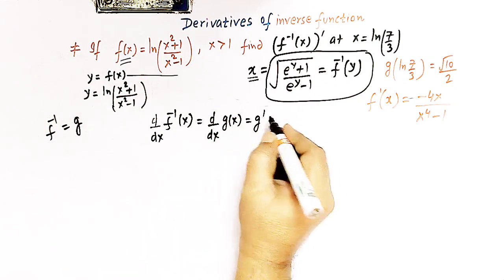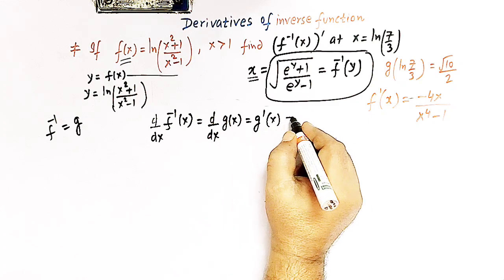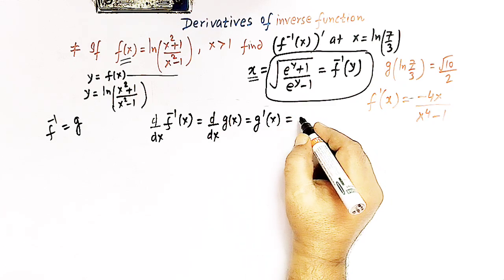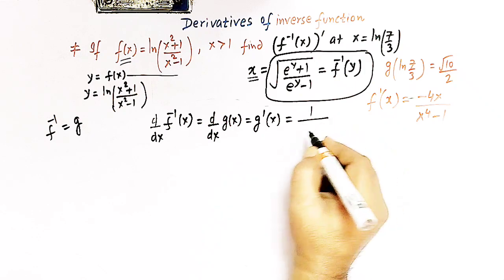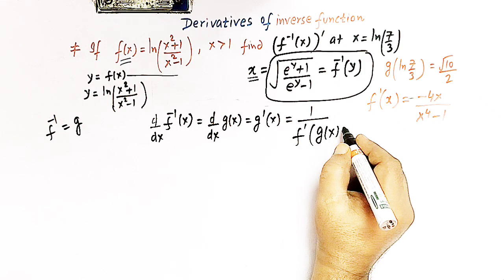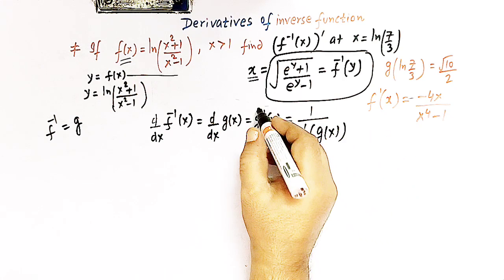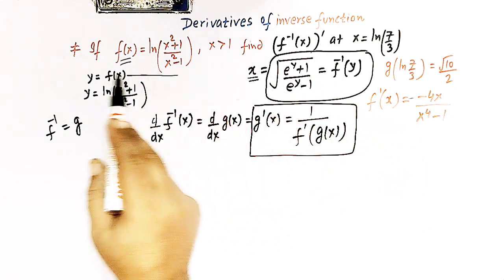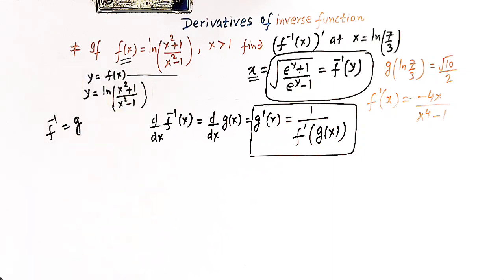So this is g prime of x, and that is the derivative g prime of x is equal to 1 over f prime of g of x, right? So this is the formula for the derivative of inverse of the function f of x.